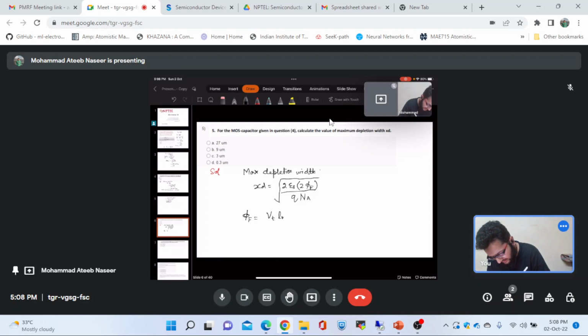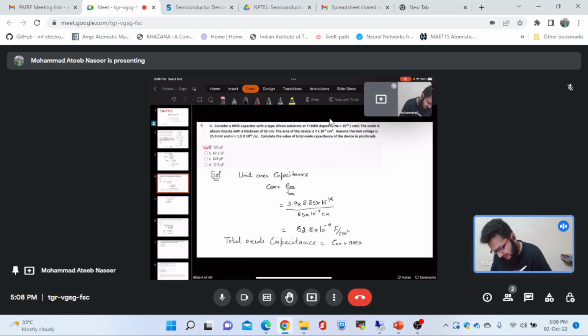that was Vt ln of Na by Ni, where Na is the acceptor concentration and Ni is the intrinsic carrier concentration. So let me put the values for these. The phi f will simply be 25.9 into 10 raised to the power minus 3 ln of Na.